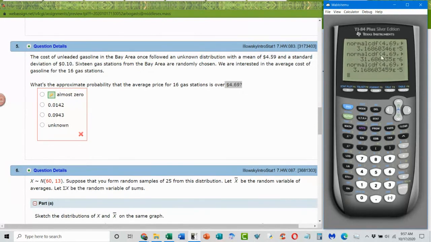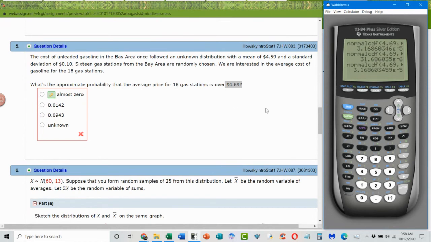Okay, so I have to move this decimal point 5 places to the left, so I get 0.000003, which is pretty close to 0. I mean, it's a lot less than that, and it's not unknown, so that's why it's almost 0.